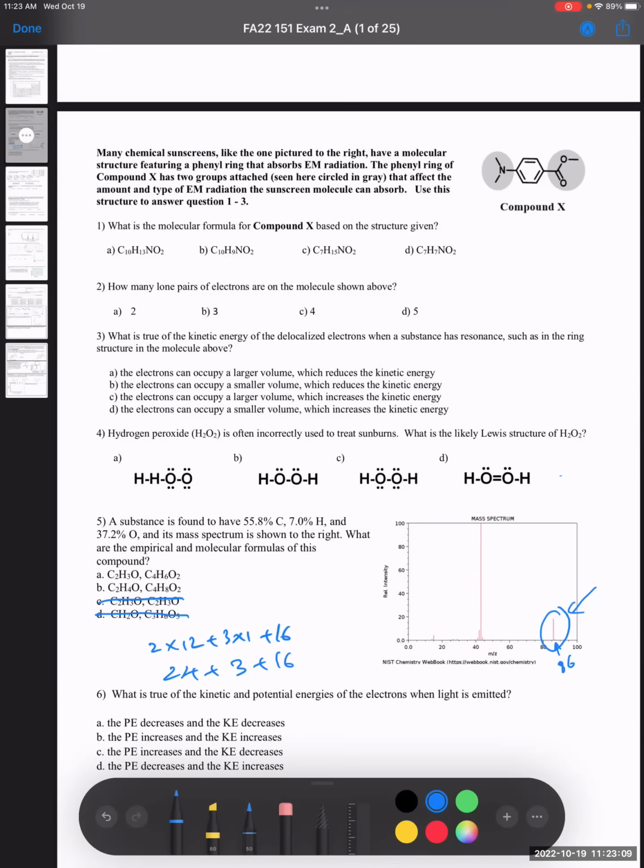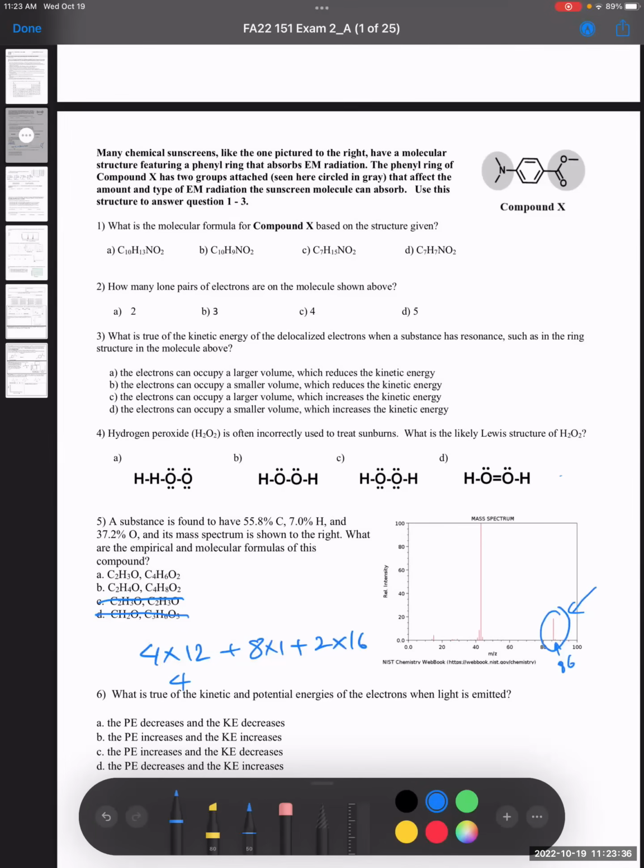And if you go with options B and A, they have very similar molar masses. But when it comes to option B, the molar mass is not 86. Let's try this. We have 4 times 12 for 4 carbons, and 8 times 1 for the 8 hydrogens, and 2 times 16 for the oxygens.